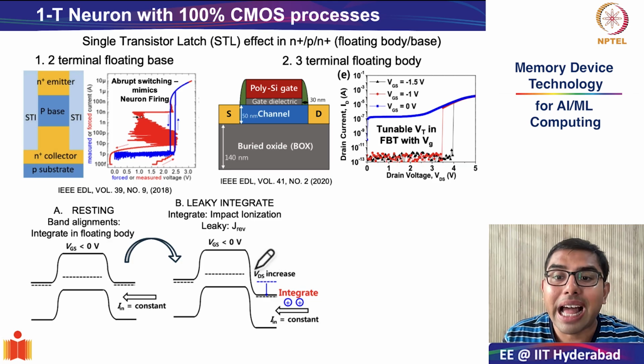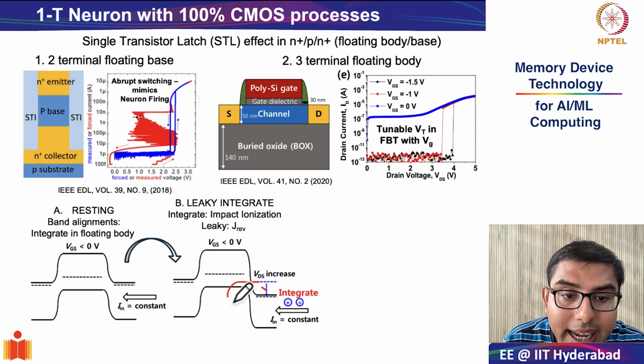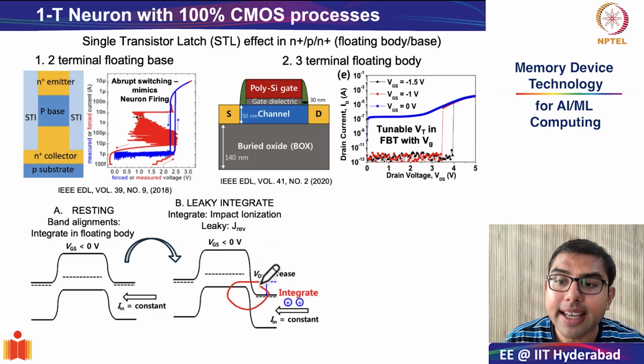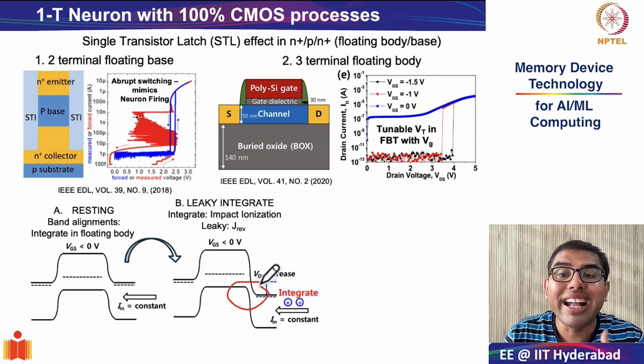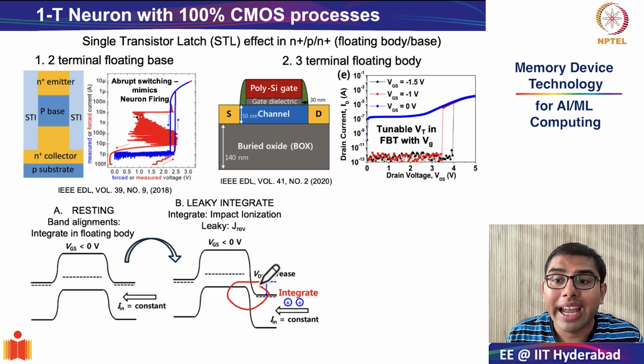And this is what is the integration phase, which is very similar to the rising membrane potential in the biological neuron. So as the output voltage further increases, the critical electric field near the drain body junction becomes strong enough to trigger impact ionization. What is impact ionization? It is the new generation of electron-hole pairs which are created through the avalanche effect.